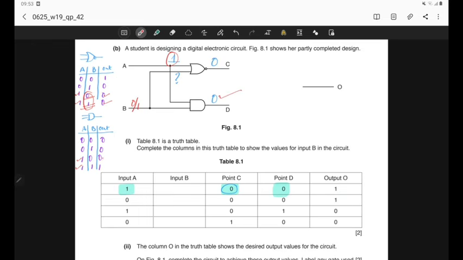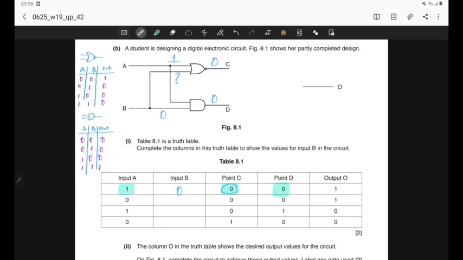So here the only option is this. In order to get an AND gate output of 0, where the input value at A is 1, B is only 0. So the input at B should be 0. So here the only possible value is 0 at B. So we will get these outputs.